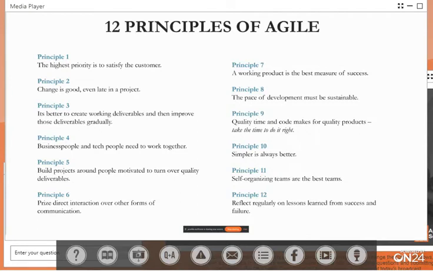Now, the seventh principle goes into, again, a basic assumption that we can all agree on: a working product, something that is actually stable enough to do its function, is the best measure of success. Make sure that if you write that Dynamo graph, it actually does what you expect it to do in the conditions it's been designed for.